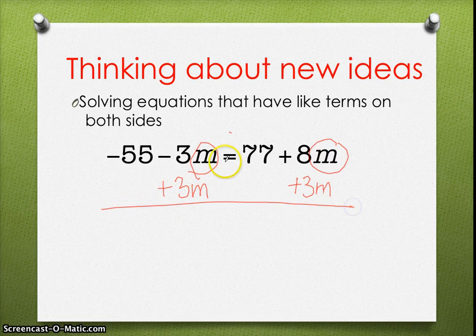So now I have negative 55, because this negative 3m plus positive 3m becomes a 0, equals 77 plus 11m, because if I have 8 m's with another 3 m's, I'm going to end up with 11 m's altogether.